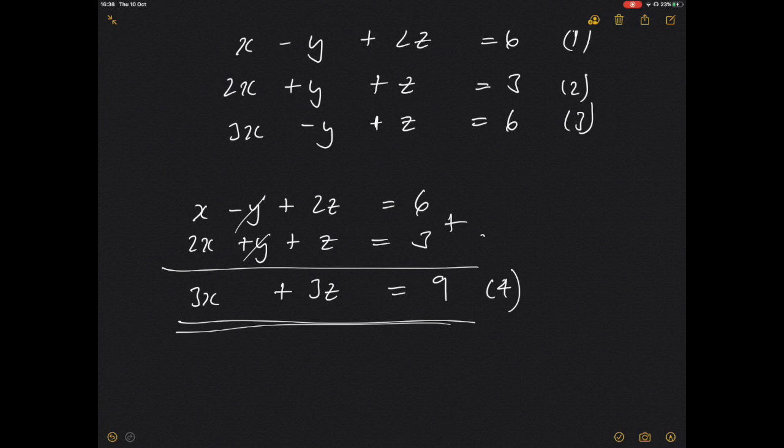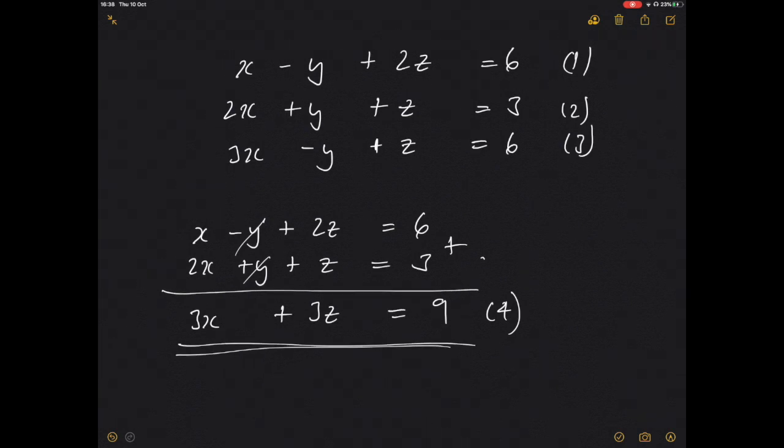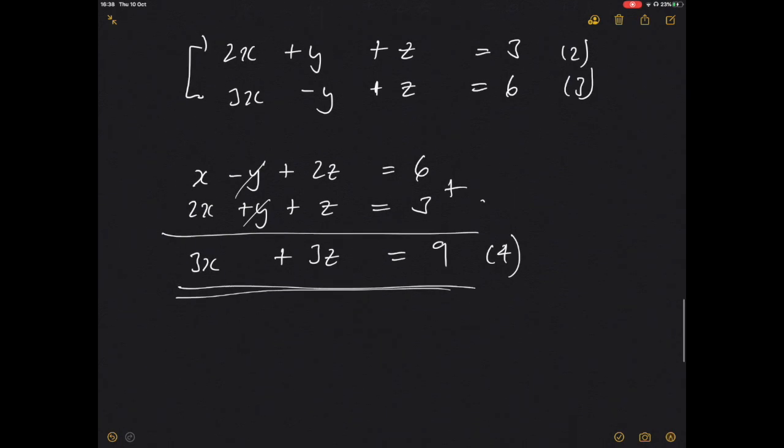Okay, so now we've got an equation 4. We need to do something else. So we need to, again, try and get rid of another value. So we have an x and a z. Maybe if we were to now add equations 2 and 3, we would get rid of this y here.